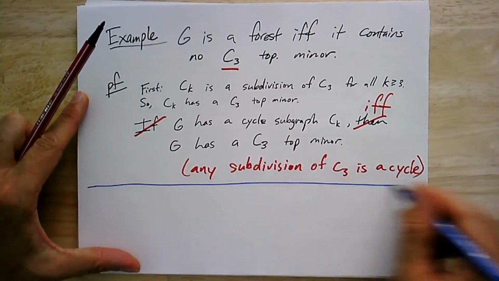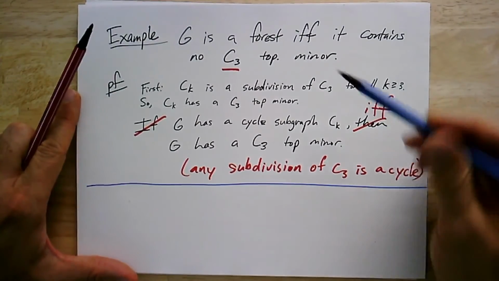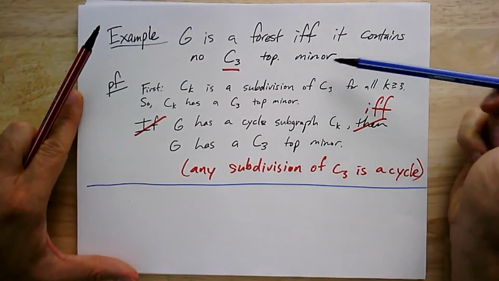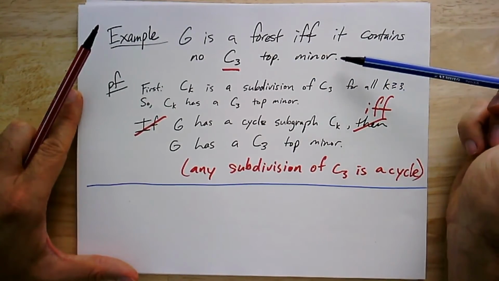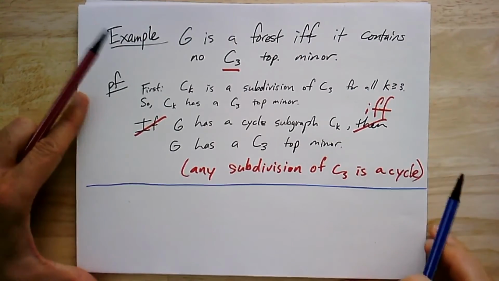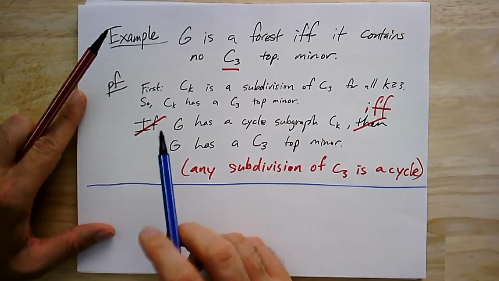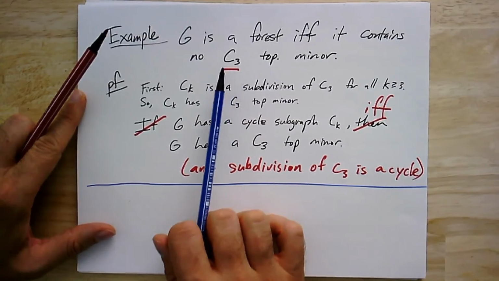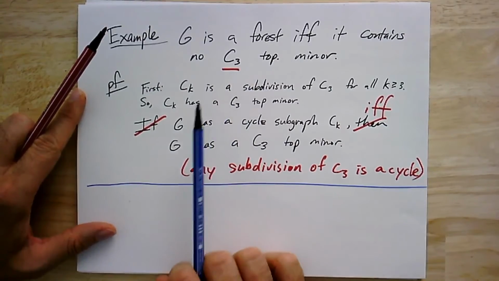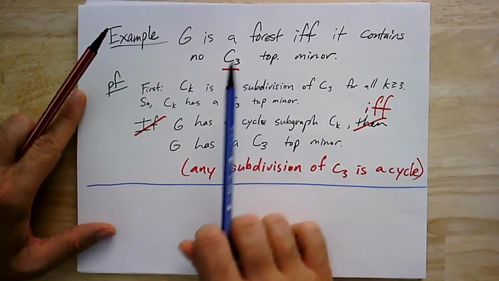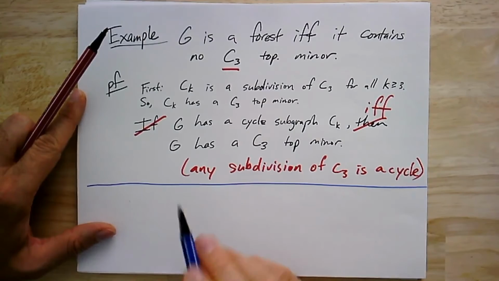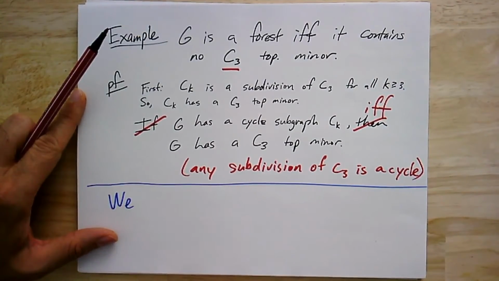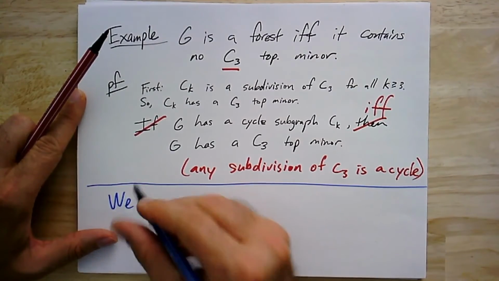And what's interesting about this example and the corresponding new definition of a forest is that we only had to restrict ourselves to one graph. Whereas before we said the forest doesn't contain CK for any k, now we just say it has no C3 as a topological minor. So we defined an entire class of graphs in terms of what topological minors are forbidden.